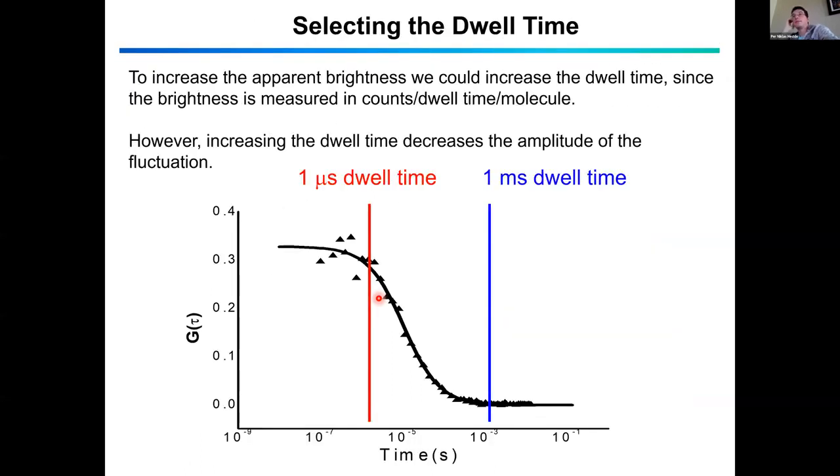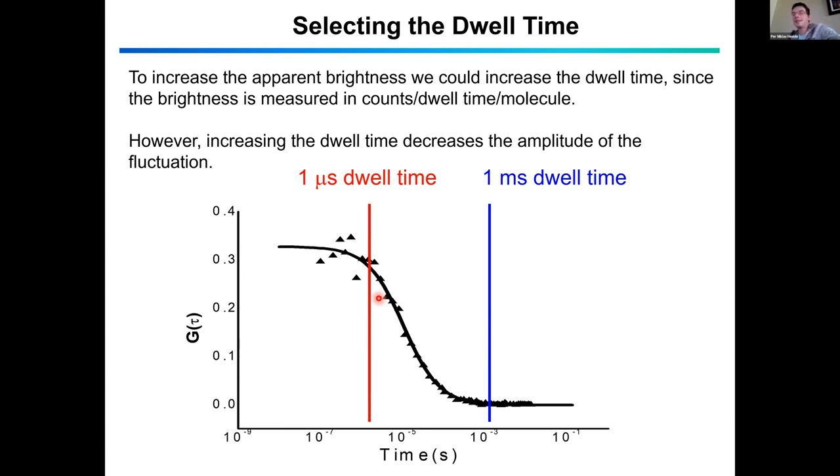Now we have to take one important consideration: for the number and brightness method, we rely on the molecules moving in and out of the observation volume. If they don't move, we are not able to detect them. This is one advantage, for example, of FRET.